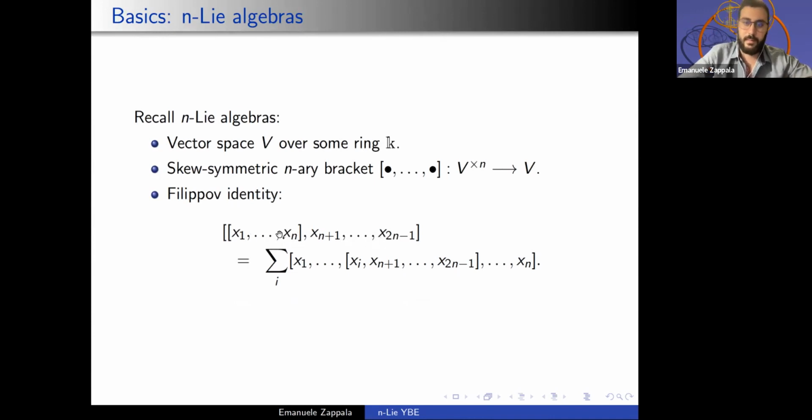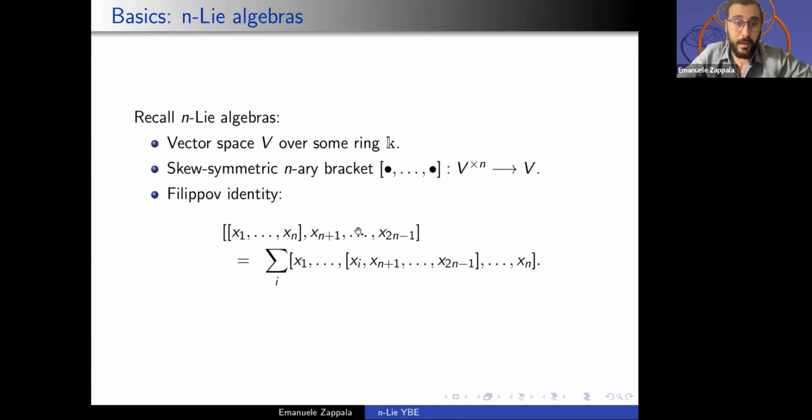You can apply the bracket nested one inside the other, exactly as you do, for instance, with operads, where you concatenate operations to get higher operations. This equality now becomes a sum over all these things, which is basically what the Jacobi identity would be if you started with a binary bracket.